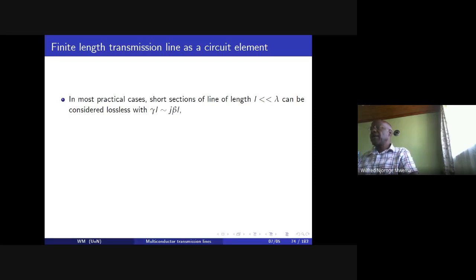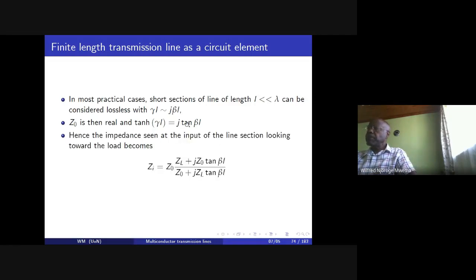Therefore gamma L can be approximated as j beta multiplied by L. And Z0, the characteristic impedance of such a line, is going to be purely resistive, and we can write that the hyperbolic tangent of gamma L will be approximately j multiplied by the tangent of beta L, because we have replaced gamma by that. If beta L is much smaller than unity, j tan beta L is just going to be j beta L, but for now, let's just keep that as it is.